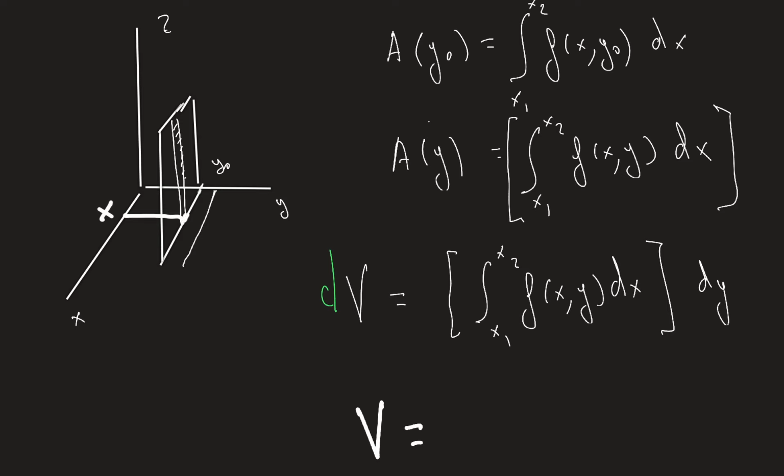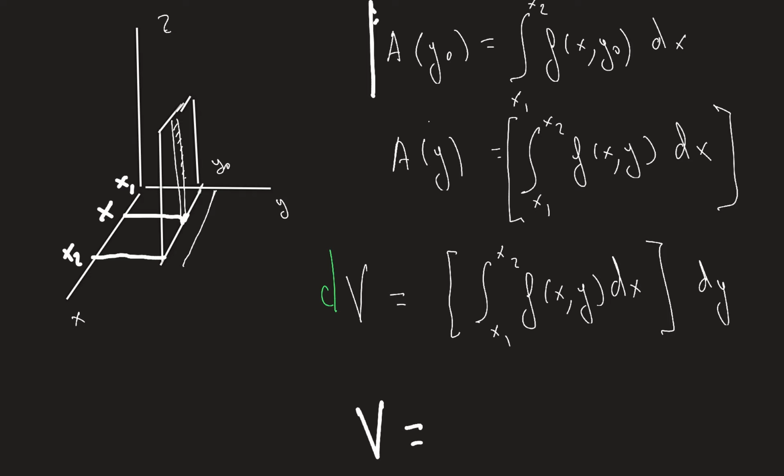The width is dx. So it's clear that the area at y equal y0 is the integral from x1 to x2 of the function f of x comma y0 dx.